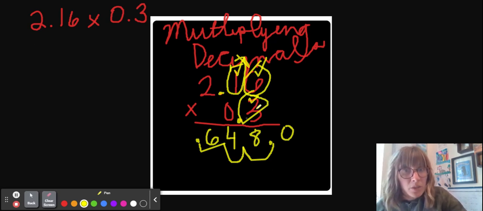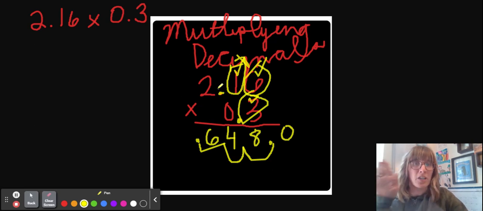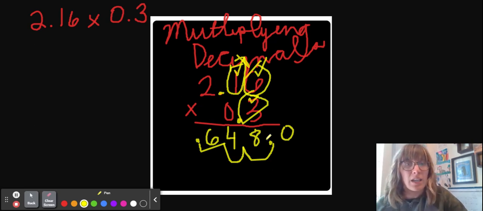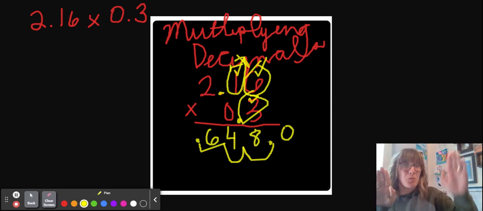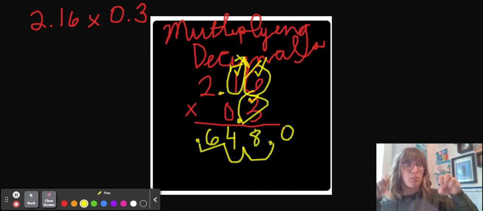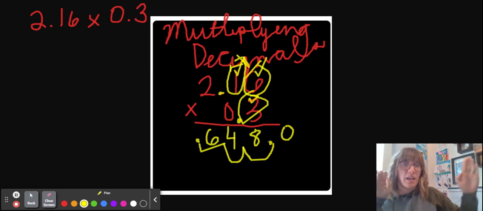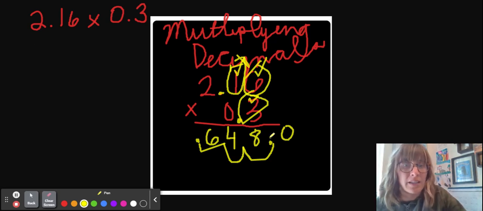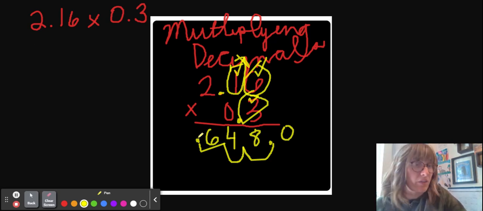So when we multiplied 216 times 3, we needed to put the decimals back in. We essentially multiplied to make 216 and 3, instead of 2.16 and 0.3, by multiplying by 10 three times. And now we're going to undo that by moving the decimal 1, 2, 3 place value spots back.